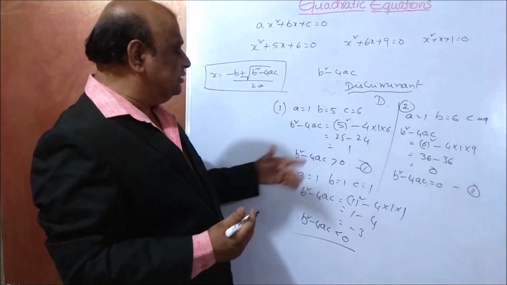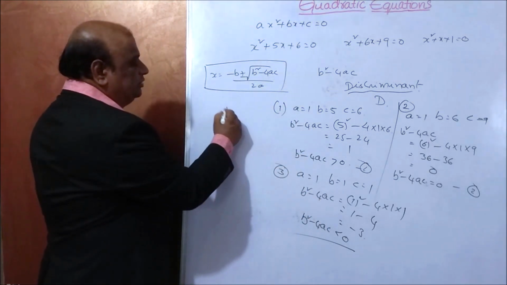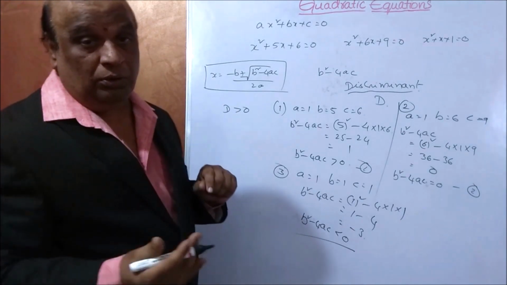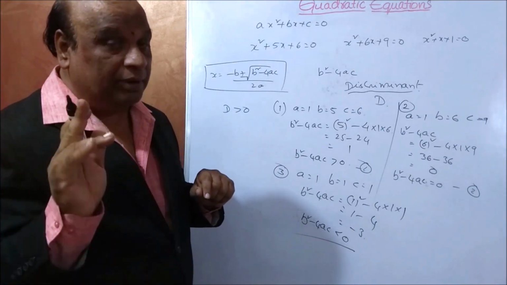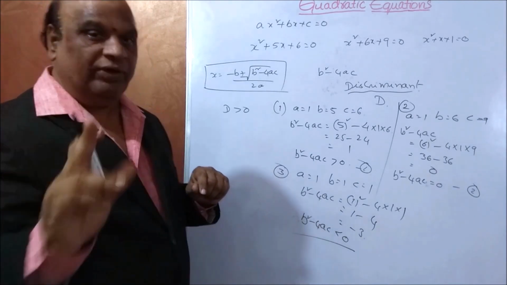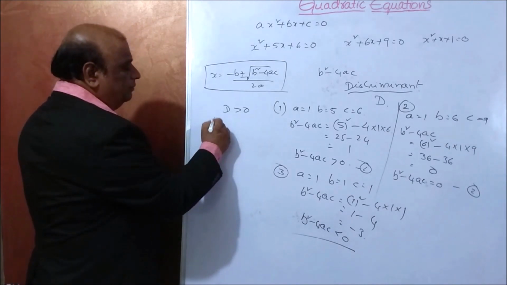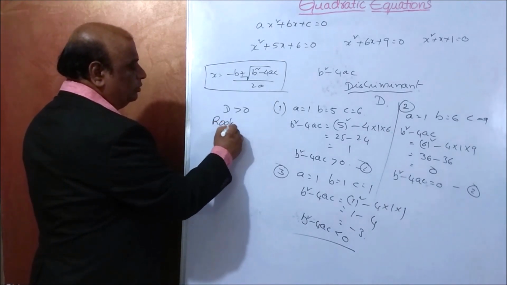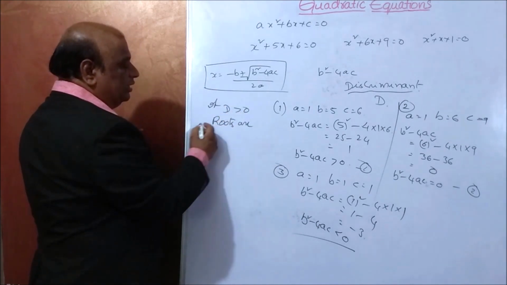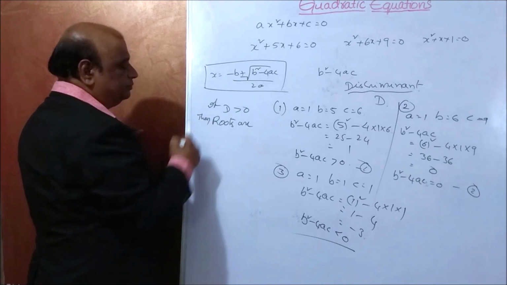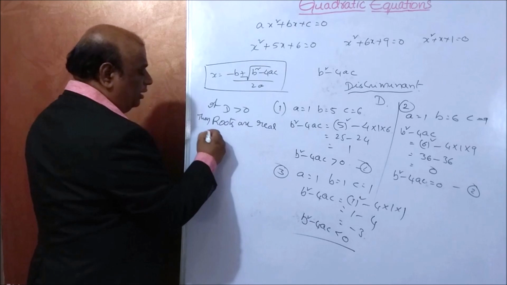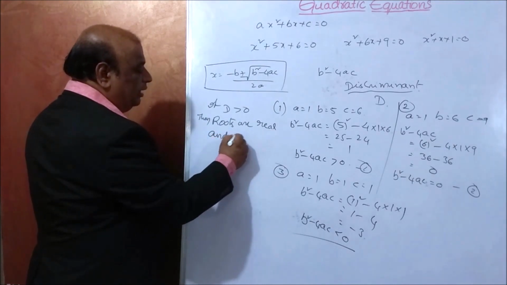In the first case, simply you can write D greater than 0. When D greater than 0, remember carefully, the roots are real and different.